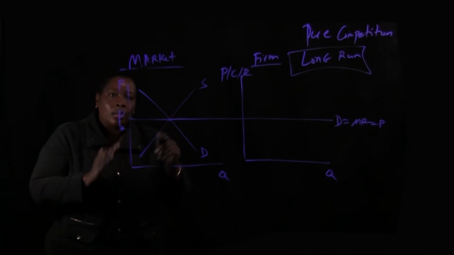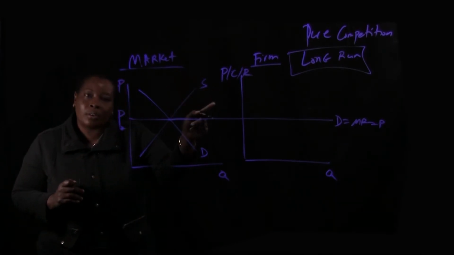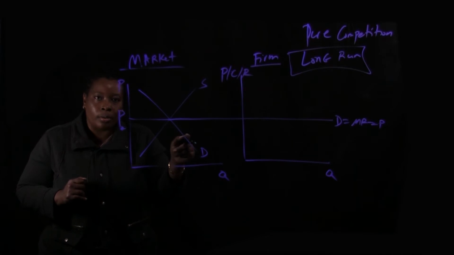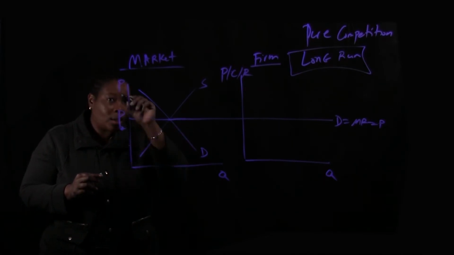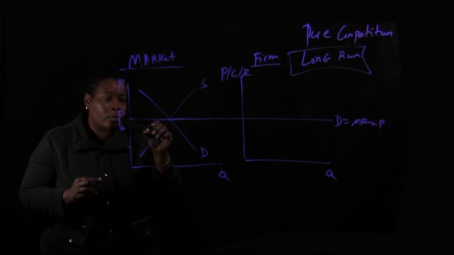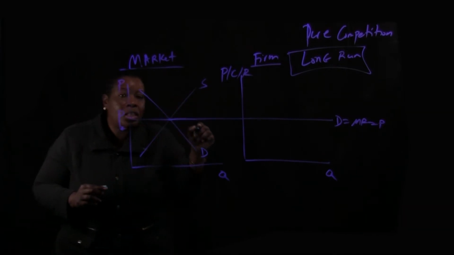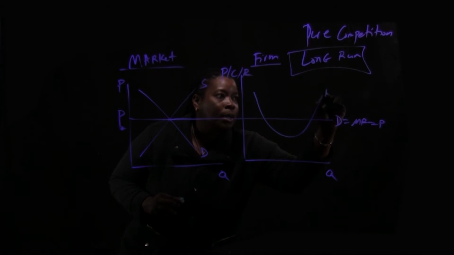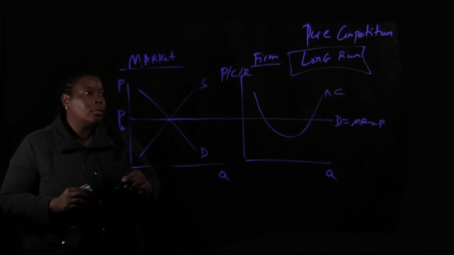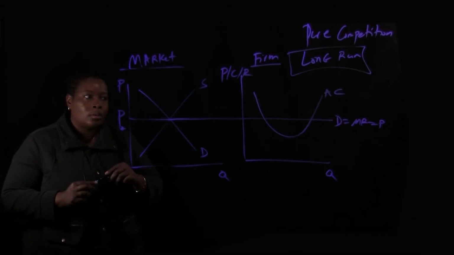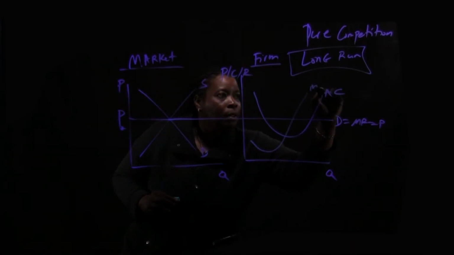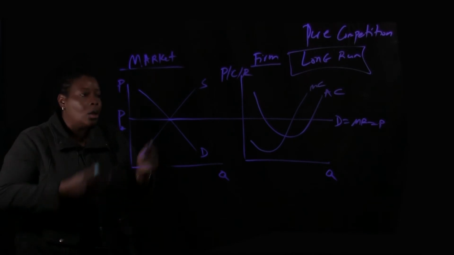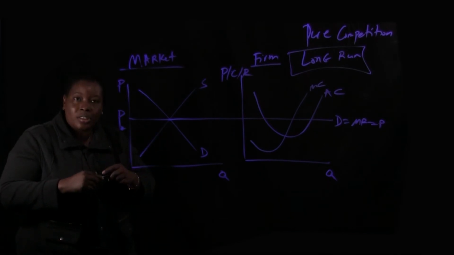Now remember, this firm was making profits in the short run. So if I want to show profits, you remember the trick for profits? That U-shaped cost curve, when we get it in here, we need to put it in below the demand curve. What's missing from this? The Nike swish, the marginal cost curve. How do we analyze this? Where do we start?